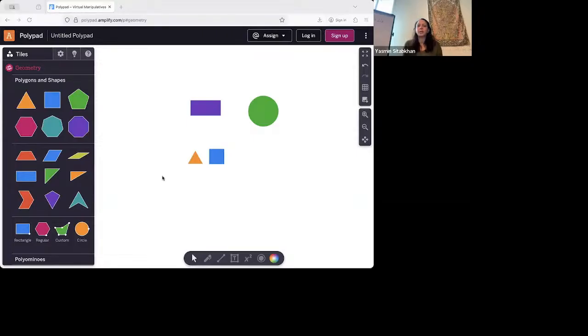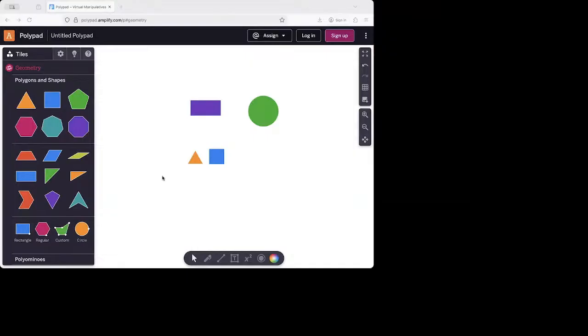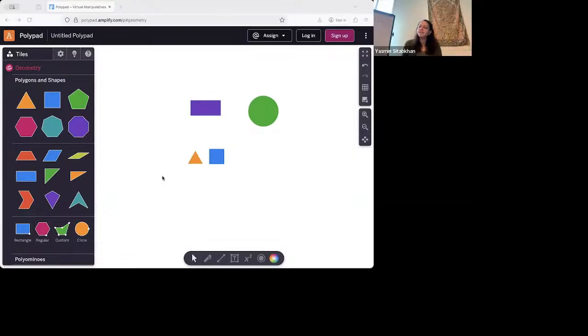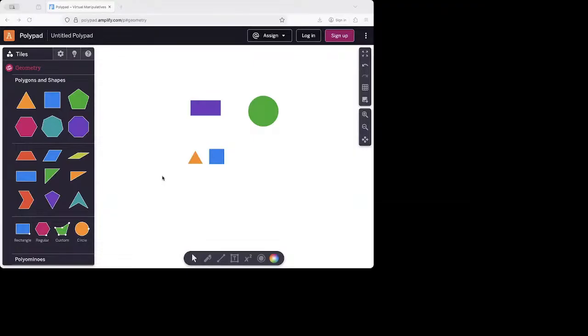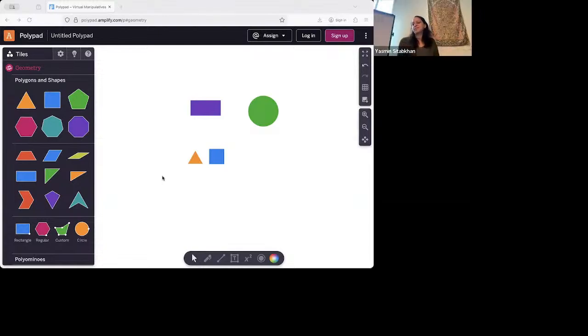And what else is similar about them? They both have straight edges. Yes, sides. Perfect. Great. And now what's different about them?